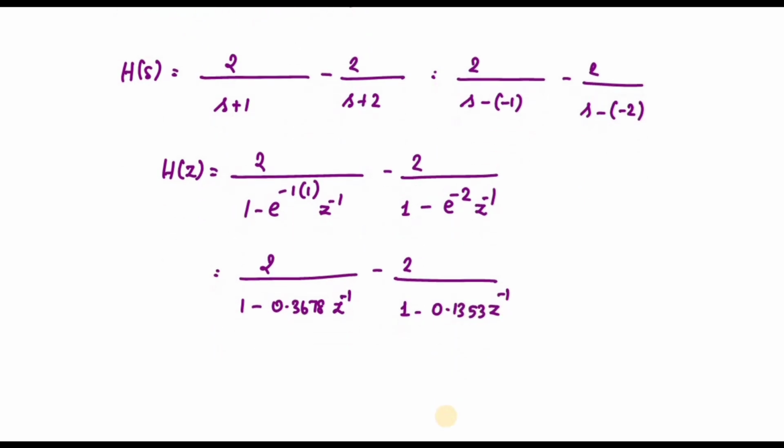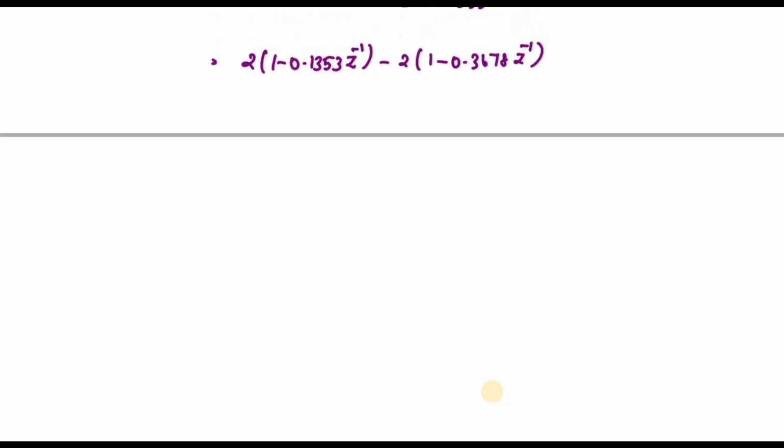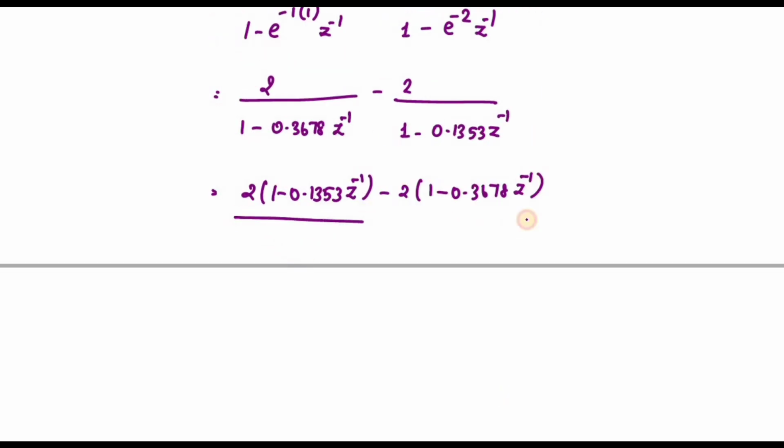So now you cross multiply this one: 2 into (1 minus 0.1353 z power minus 1) minus 2 into (1 minus 0.3678 z power minus 1), divided by (1 minus 0.3678 z power minus 1) into (1 minus 0.1353 z power minus 1).